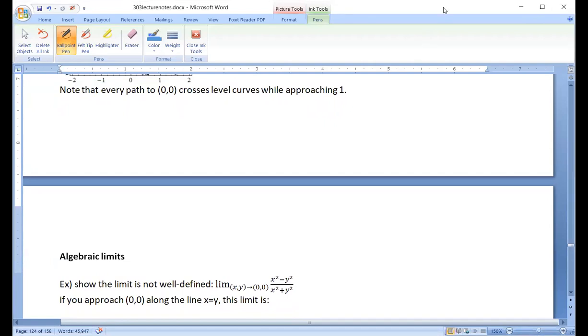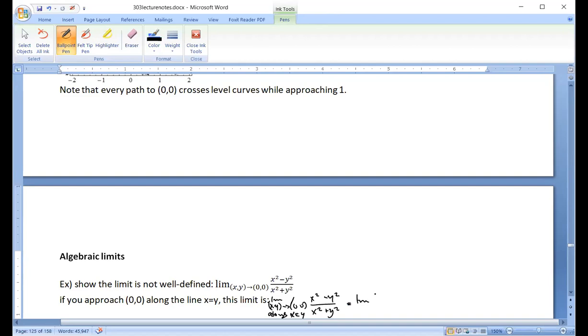First of all, the limit as xy goes to 0, 0 along x equals y of this function, x squared minus y squared over x squared plus y squared. Since we're along the path x equals y, we simply make that substitution.